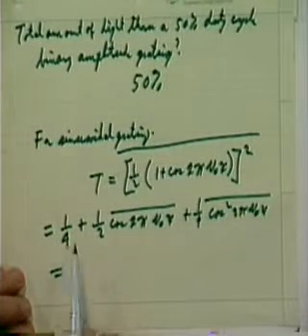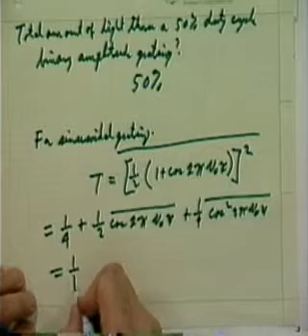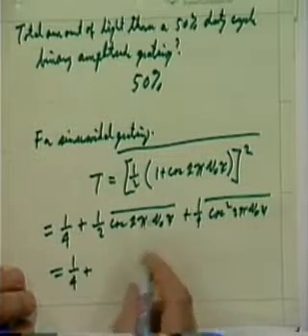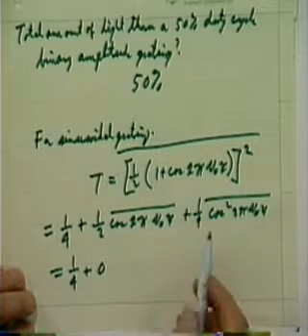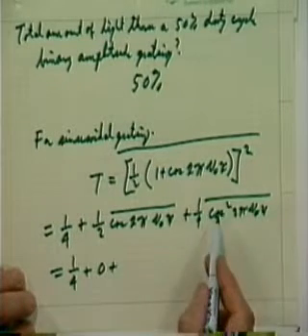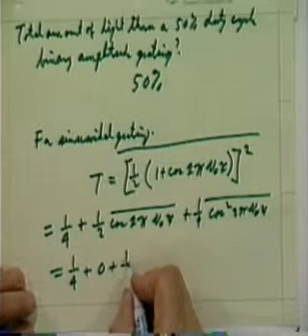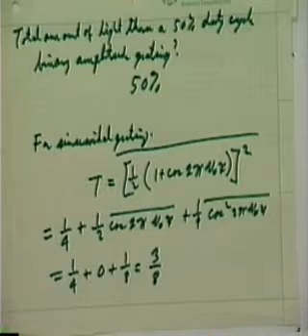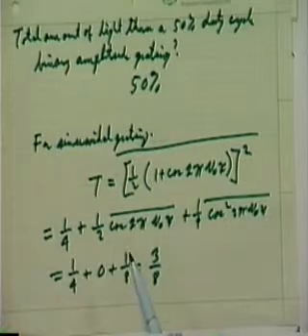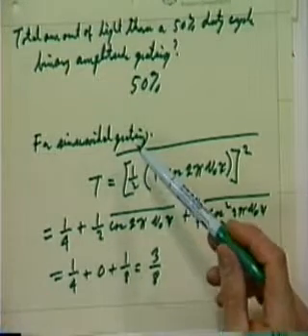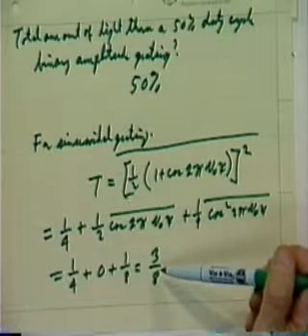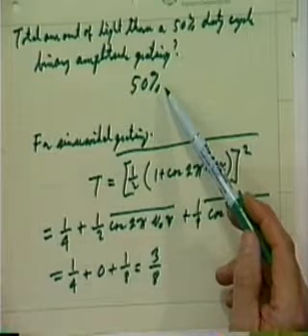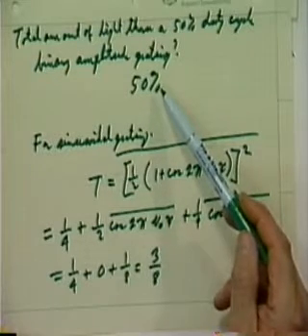And so that's equal to 1/4 times... average of the cosine is 0, average of cosine squared is 1/2. So there's 3/8. That's our answer right there. The total amount of light going through the sinusoidal grating is only 3/8 of the incident light, while for the 50% duty cycle amplitude grating, we get 50% of the light through.